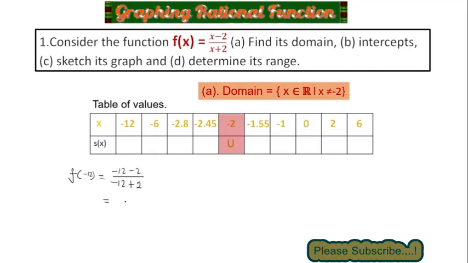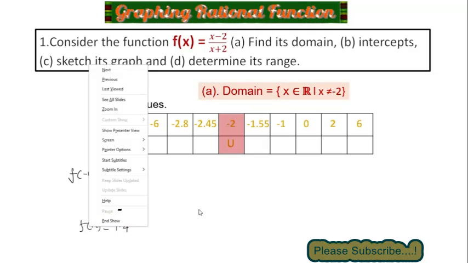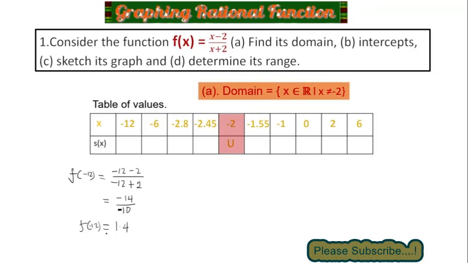So that is negative 14 over negative 10, which is 1.4. So the value of f of x at negative 12 is 1.4.